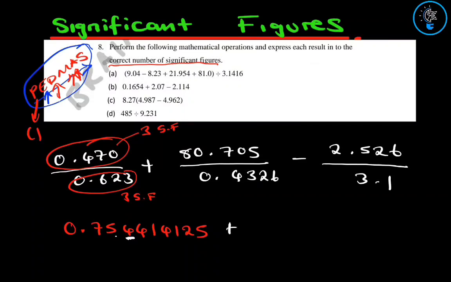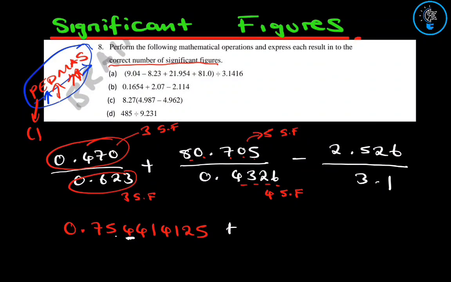Plus, let's do this next fraction. In this fraction, we have 5 significant figures on top. On the bottom, we have 1, 2, 3, 4. Remember, leading zeros are not significant, so the bottom has 4 significant figures.